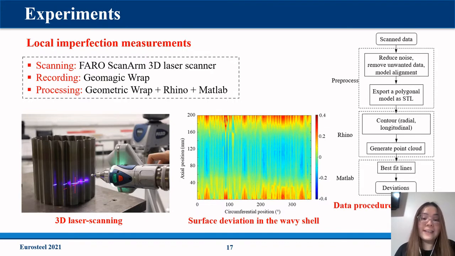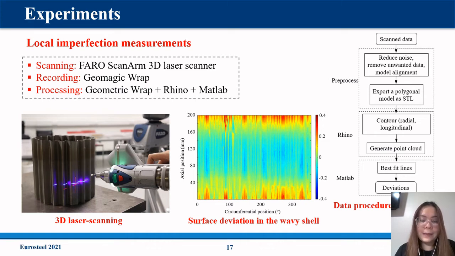Before compression tests, we measured the initial geometric imperfection. The outer surface of the shell was scanned using a 3D laser scanner and processed in Geomagic Wrap, then input into Rhino in the form of an STL file. In Rhino, the point cloud can be extracted in any longitudinal line.